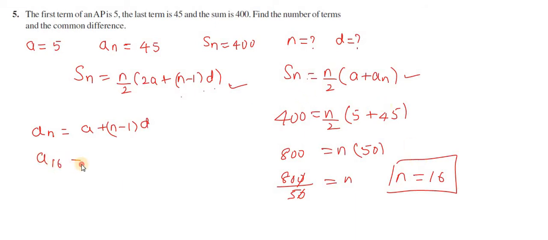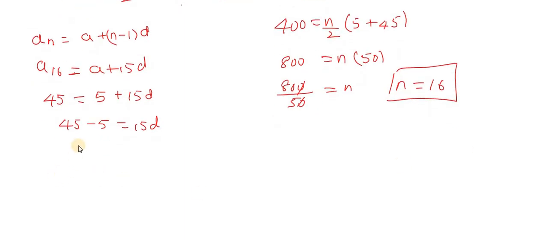So a16 equals a plus 15d. Here a16, the n value, is 45. So 45 equals a value 5 plus 15 into d. Now 45 minus 5 equals 15d. 45 minus 5 is not 50, it is 40.